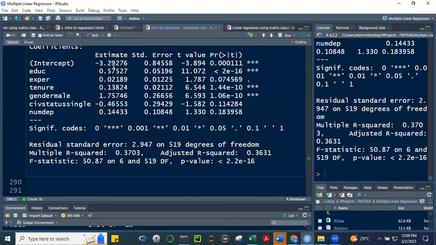Once again, ano yung interpretation nito? Intercept, negative 3.29. This is the average hourly wage of a person with no education, no experience, no tenure, who is female, who is married, who has no dependent. Number of dependents, wala. Yun ang interpretation niya. No? Ano ibig sabihin ng 0.57 na to?